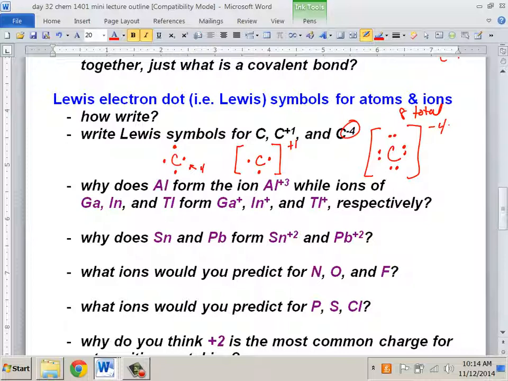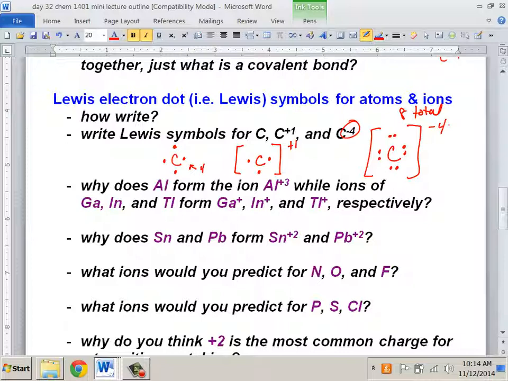One is that it has how many valence electrons? 3. So lose all 3 valence electrons. That's one hint. The other hint is everything always wants to have the same electron configuration as what again? The noble gases, group 8. So you lose 1, 2, 3, you're up to neon. So that's why. It had the noble gas core notation of neon. So either answer I think works. That's why aluminum forms +3.